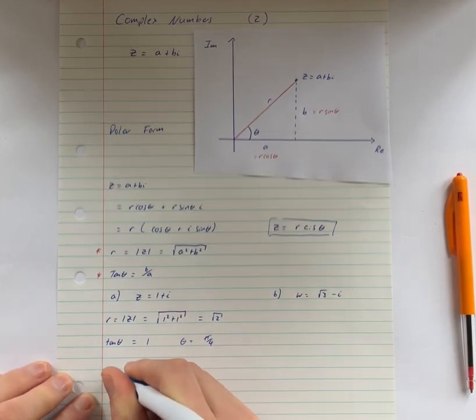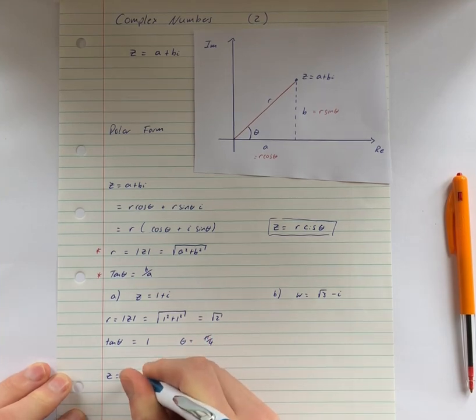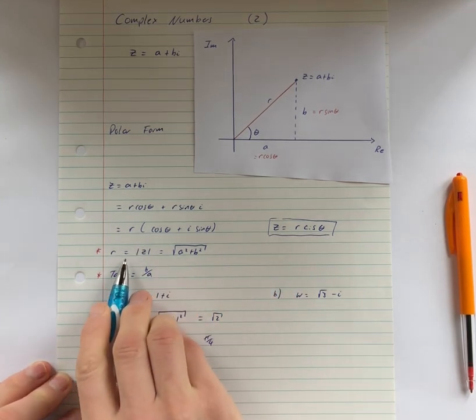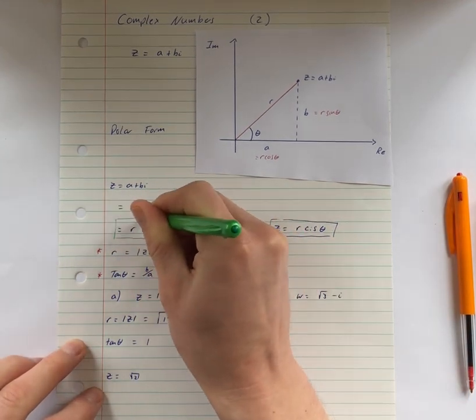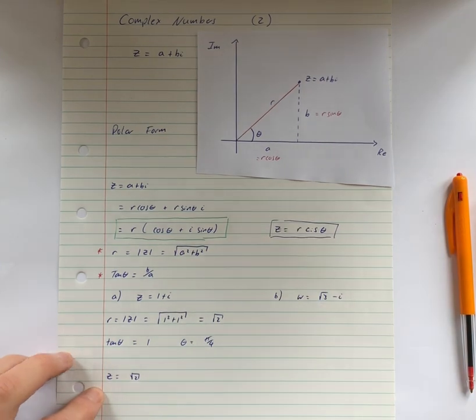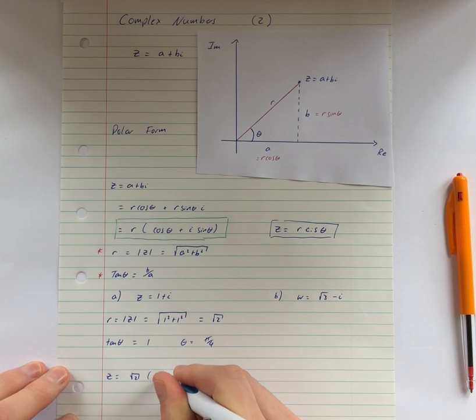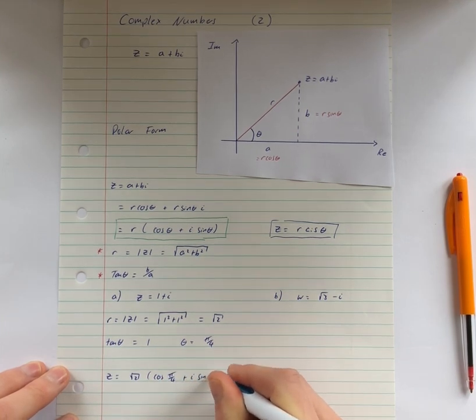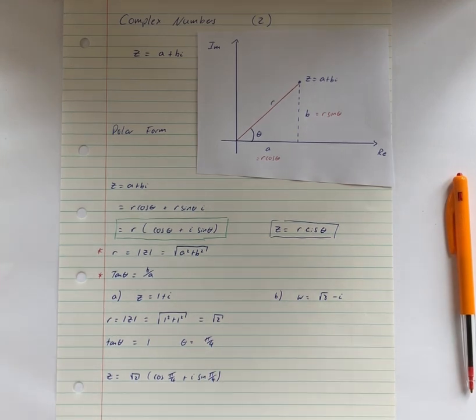So z is actually going to be equal to square root of 2, and we're writing it in that form there, root 2 cosine pi on 4 plus i sine pi on 4. And so there we have it. We've written z in polar form.